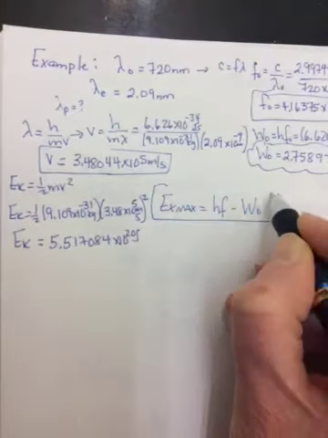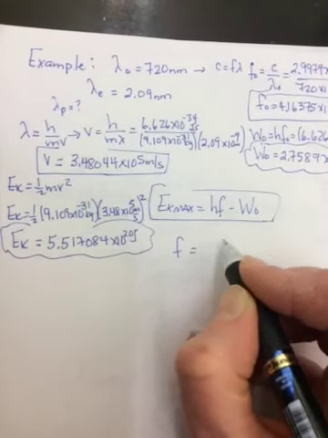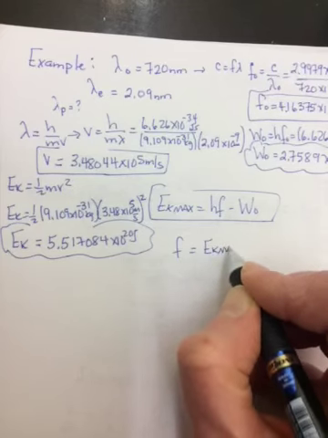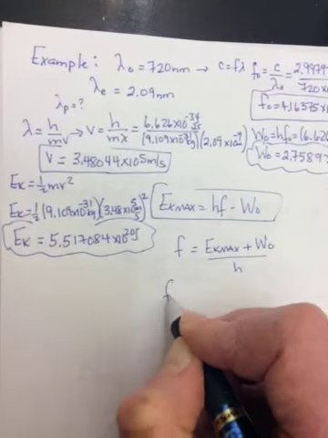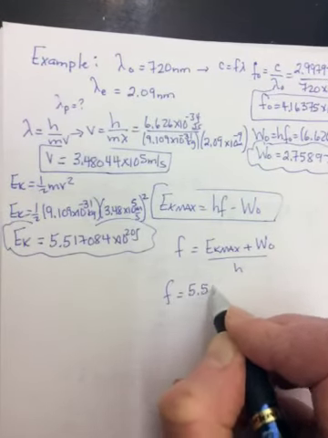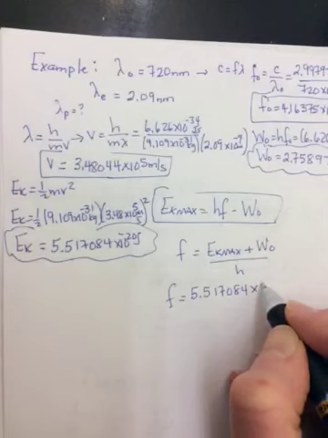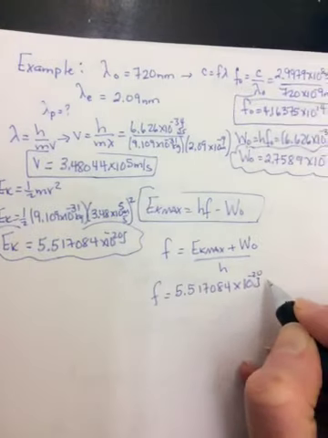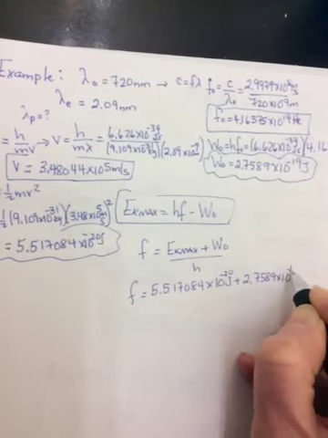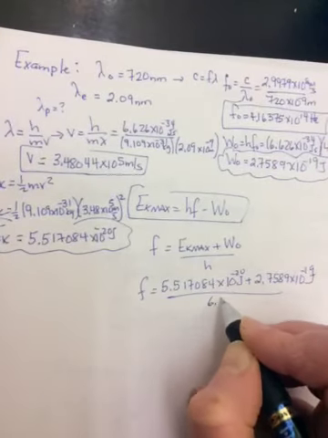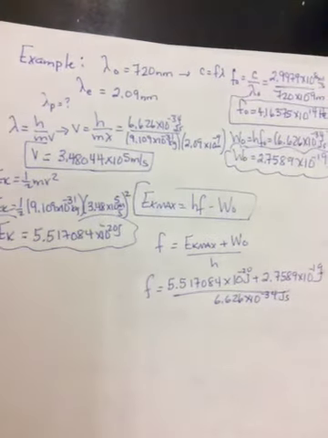Okay, so now we're ready for this equation to find our f. So f is going to be equal to EK max plus W0 divided by h. So f is going to equal 5.517084 times 10 to the negative 20 joules, it'd be a lot of energy if it wasn't negative, plus 2.7589 times 10 to the negative 19 joules divided by 6.626 times 10 to the negative 34 joule seconds.